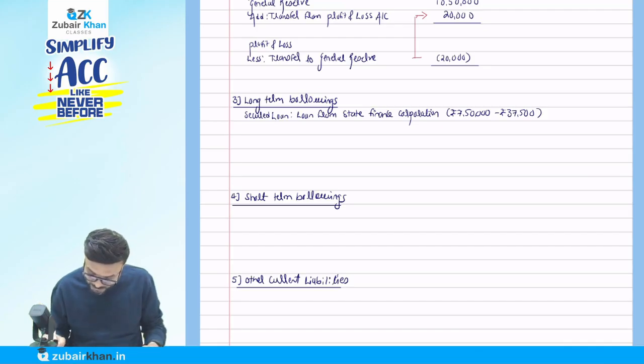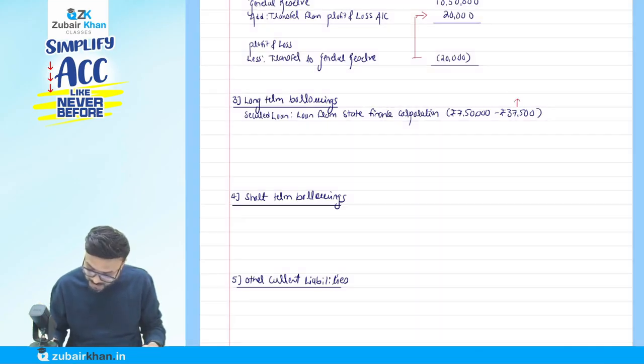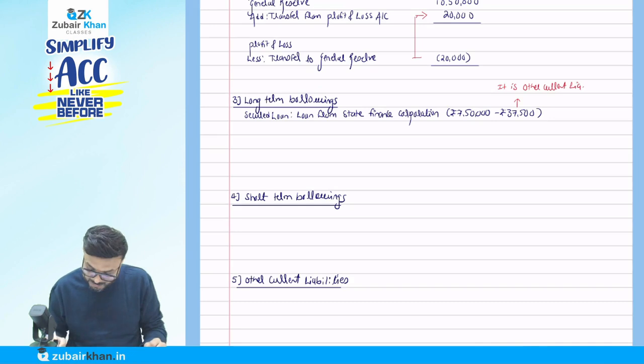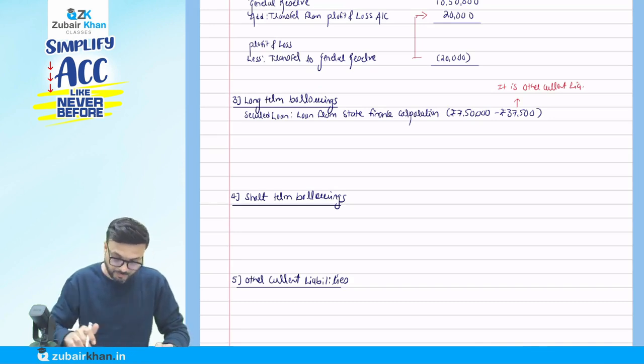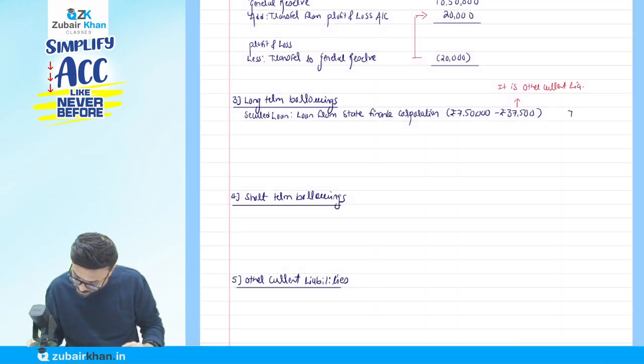For your reference, whenever I change the color, that is other current liability. That's why. Okay. Now you can write it down. Amount 7,50,000 minus 37,500 is coming as 7,12,500.